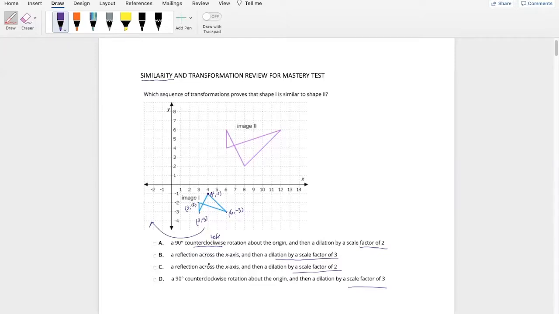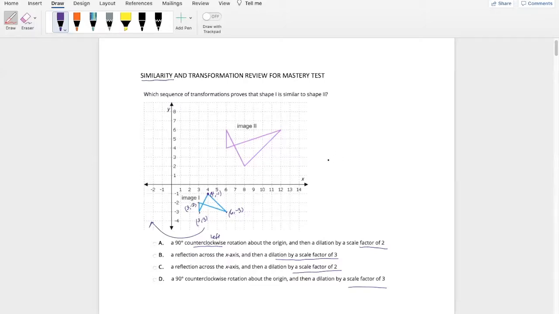All right, so let's start with the reflections because it kind of looks like if I get the shape up here flipped, this image looks like it's kind of been flipped as a reflection, we can see. So I know it's a reflection.